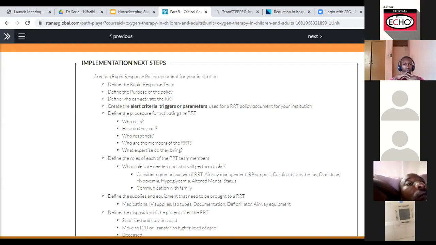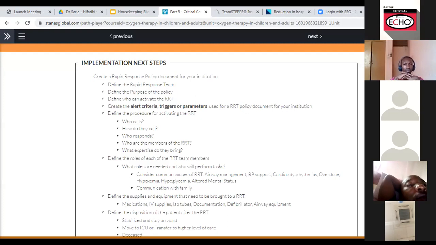And then who are the members of that rapid response team? We should also be clear, and what expertise will they bring? Gibbons said that team should bring something. That means it will bring care to the patient who needs critical care, maybe outside of the ICU.